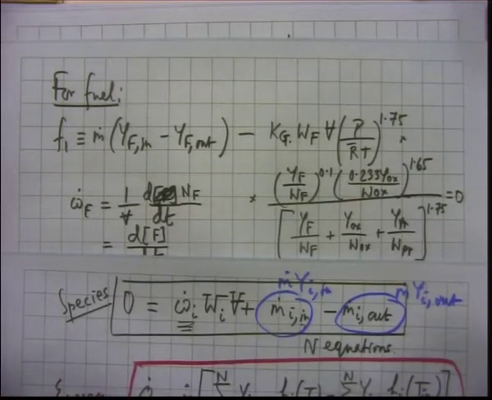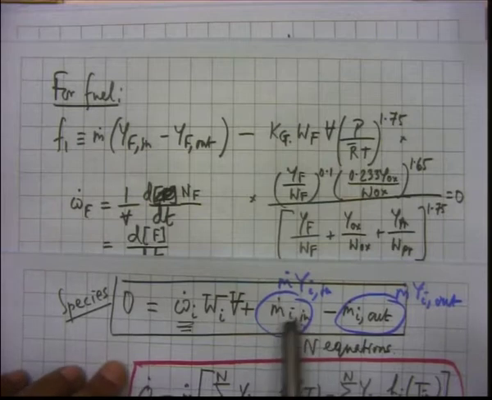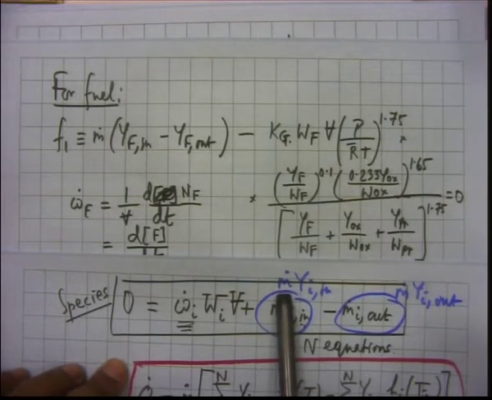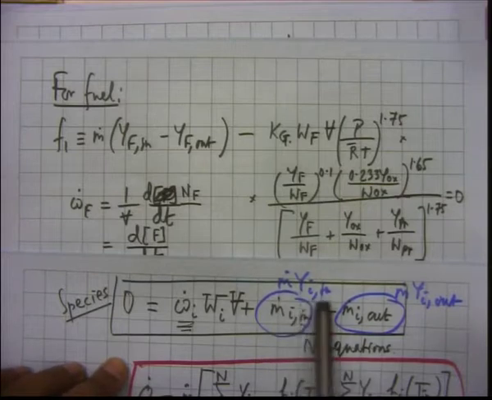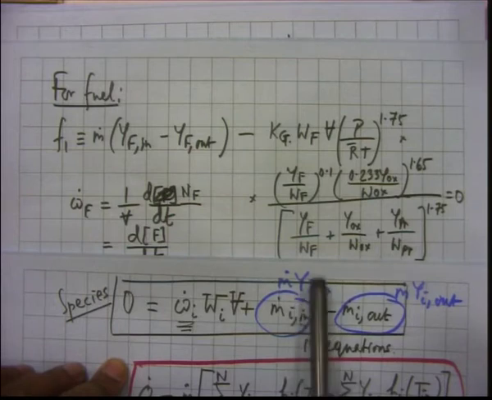Again, recall what the notations are. M dot i in is the rate of inflow of the ith species into your control volume, which is the well stirred reactor inside volume. And we also wrote m dot i as m dot, that is the overall mass flow rate, multiplied by y i in. So, at the inlet, what is the mass fraction of the ith species?